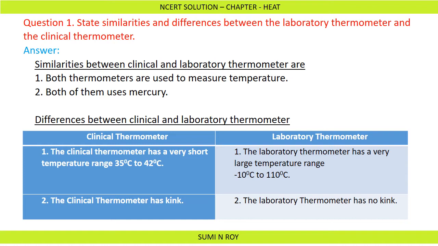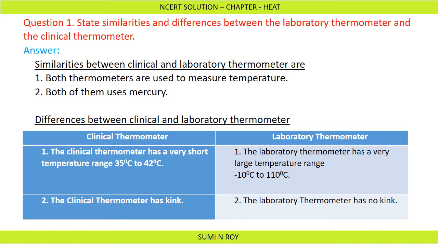The second difference is that the clinical thermometer has a kink in the tube to prevent the backflow of mercury into the bulb, whereas the laboratory thermometer has no kink. So these are the two similarities and two differences.